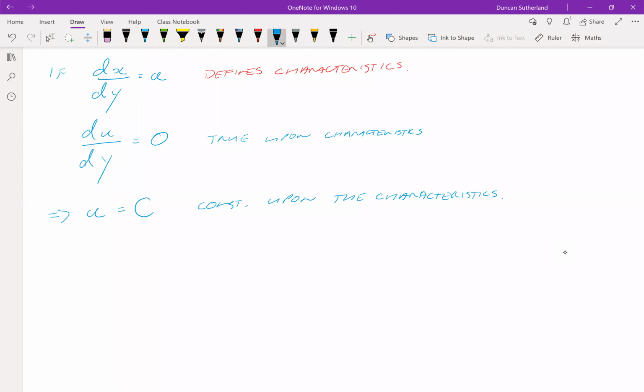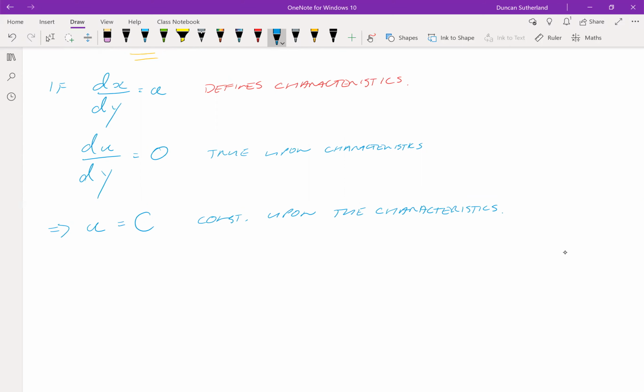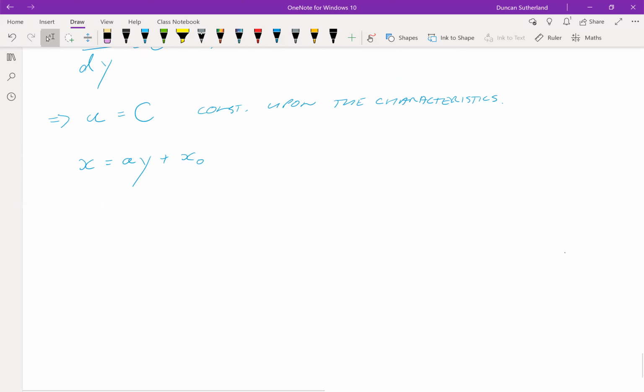Let's look at what this equation implies about our characteristics. So let's integrate both sides with respect to y. Plus x naught. Okay, so that's a straight line. You can rearrange it to be something like x over a minus x naught.